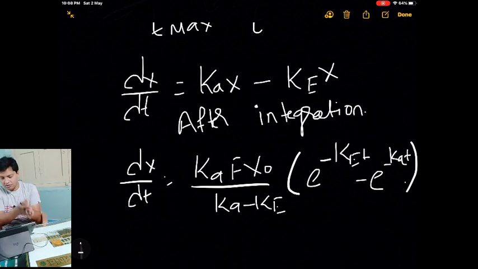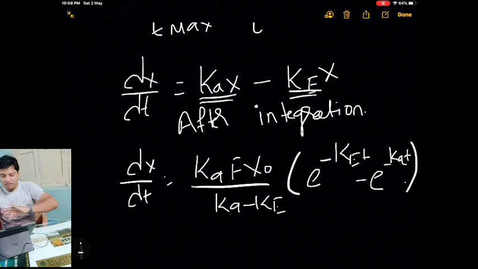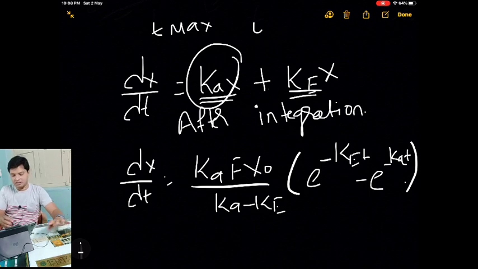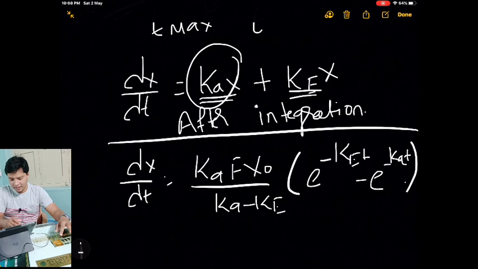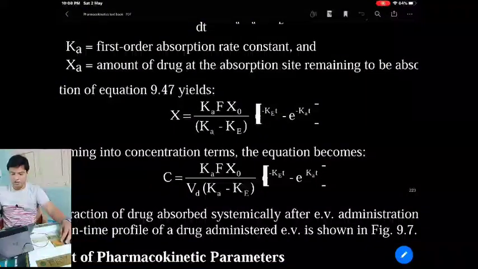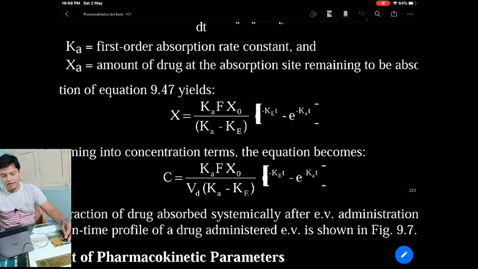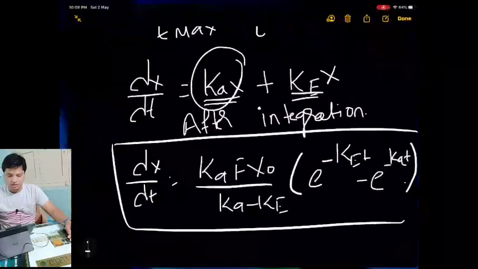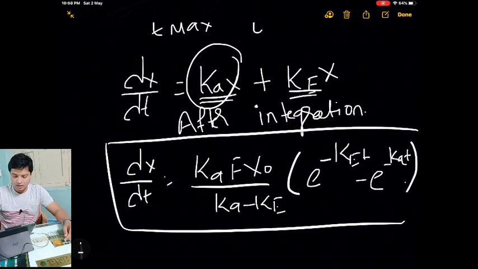This will get interchanged. First it was Ke and Ka, after integrating it will just interchange, because this gets a negative value, and again we get a negative value here, so this will become positive and it will get interchanged. So remember this equation. After integrating the above equation, you will get this equation. Now we try to change the equation into another form.